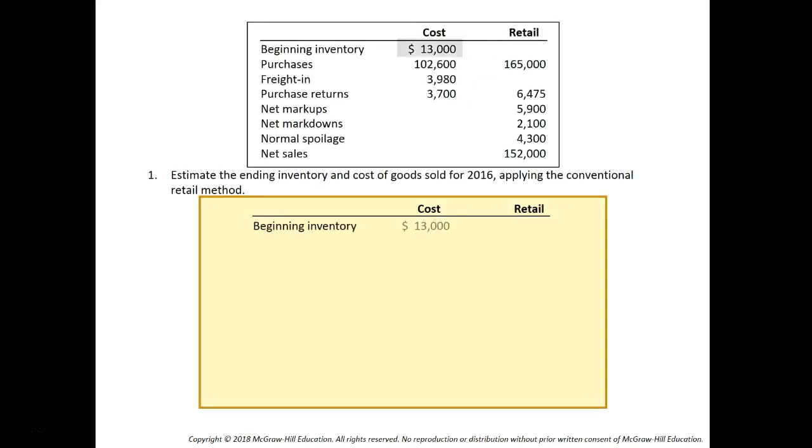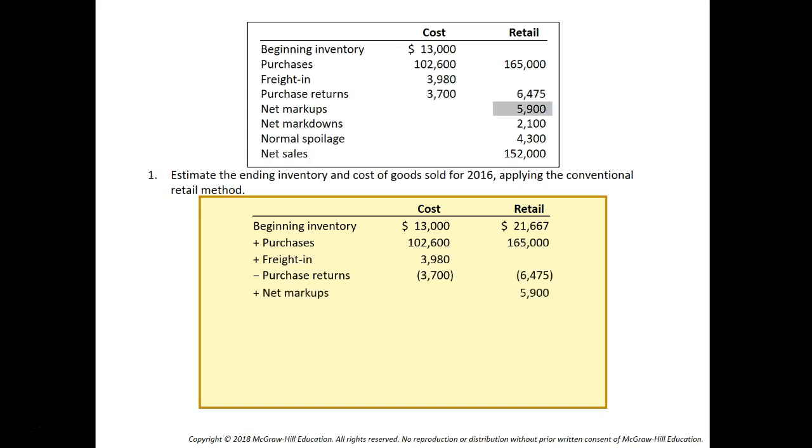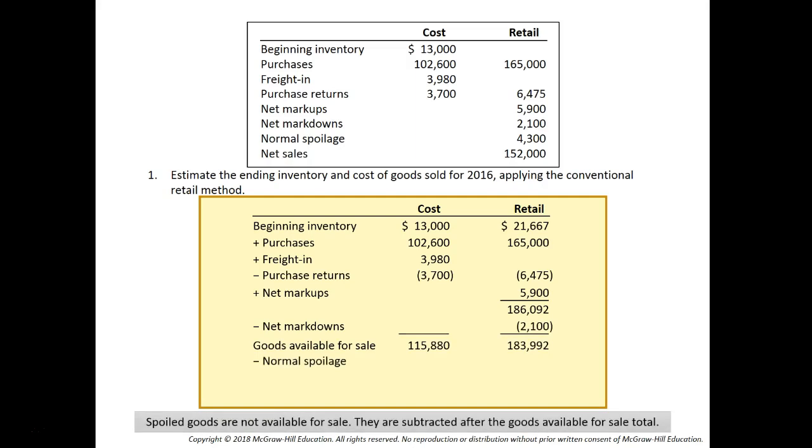So we're going to start with our beginning inventory, add our purchases and our freight in, minus our purchase returns, and then from there our net markups. Our net markdowns give us then our goods available for sale. Spoiled goods are not available for sale.